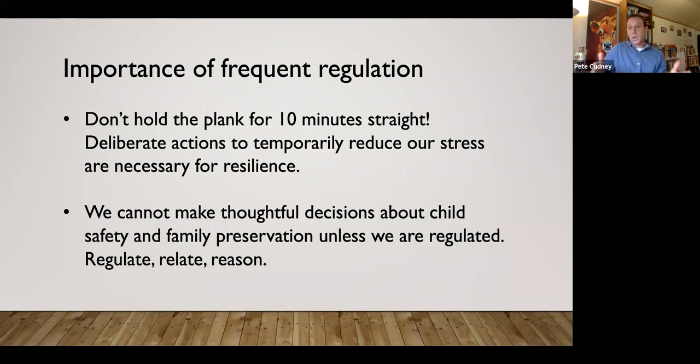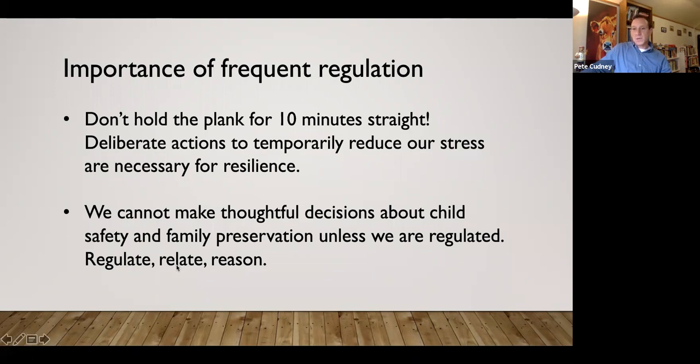We don't know. But even if it's just a couple of months, that's a long enough period of time that if we're not giving ourselves deliberate breaks in our stress, it will start to affect us in very real ways. So we need to take breaks from the plank, from holding that stress.